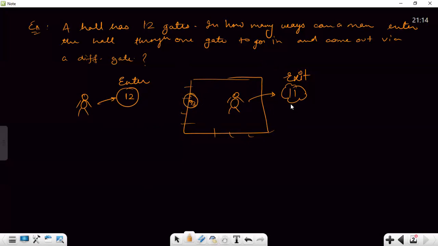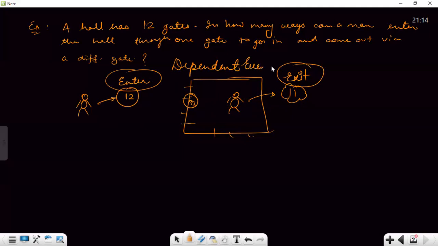So he will have 11 choices other than G3. Those 11 choices are dependent on the first choice he made, through which gate he entered. Similarly, for every exit, the exit will depend on the gate from which he entered. So that's why entering and exiting are dependent events.